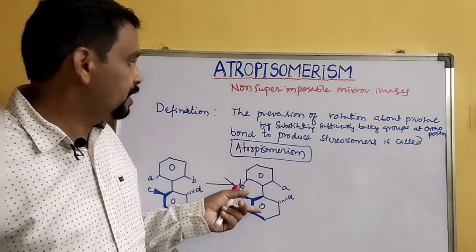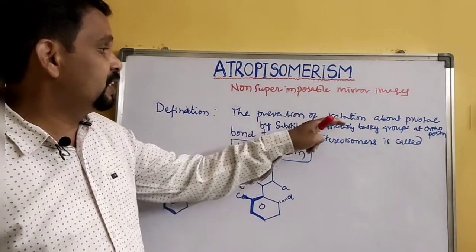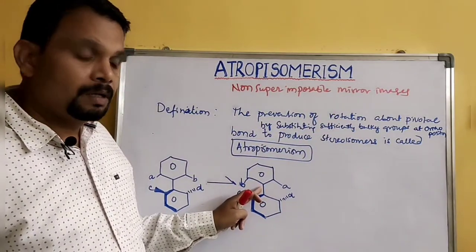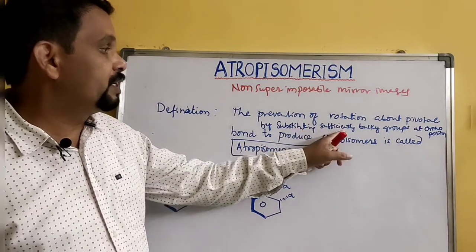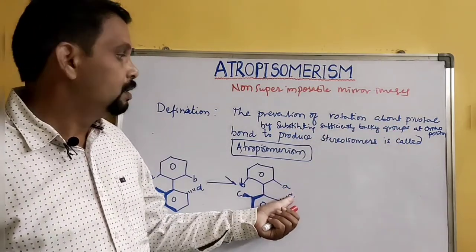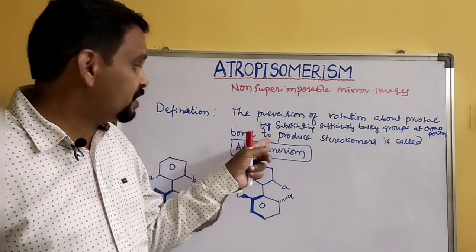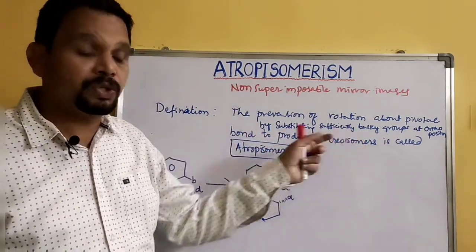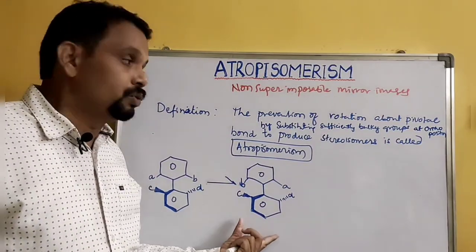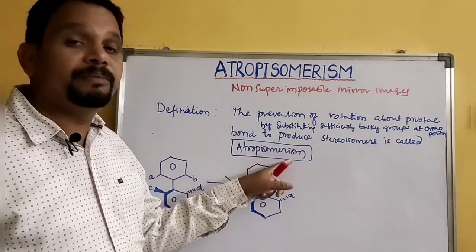What we are doing here is preventing the rotation about this pivotal bond by substituting sufficiently bulky groups at ortho positions. Because of that, they produce independent stereoisomers.